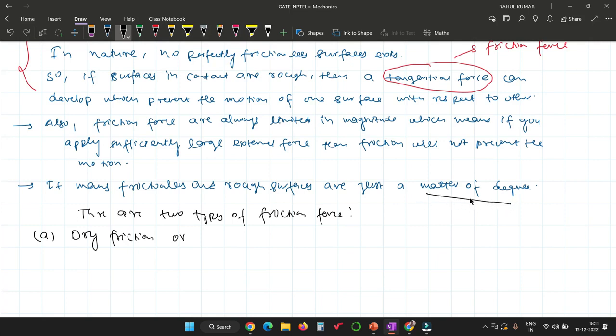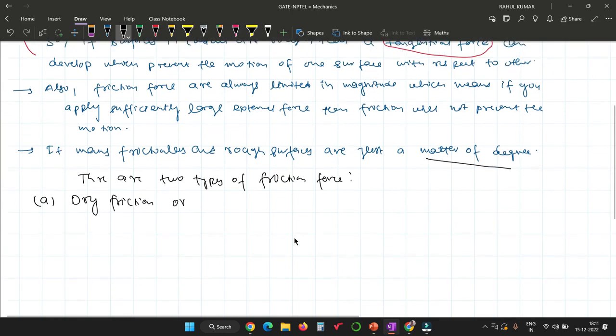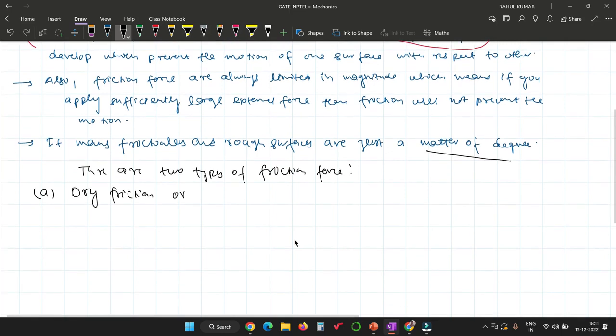I'm talking about the magnitude. You cannot say that a surface is perfectly rough, and you also cannot say that a surface is perfectly frictionless. It means if you apply a huge amount of external force, then definitely any object will move. So it is just a matter of degree.